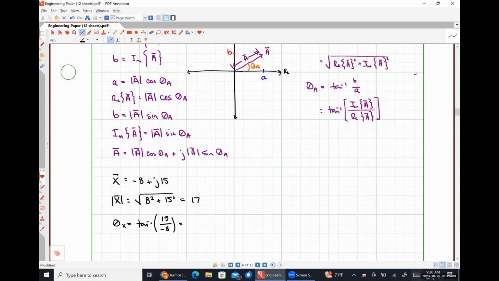And I get -61.927 degrees. Okay. Putting these together, my complex number x must then be 17 angle -61.927 degrees. Who can tell me why that's wrong?